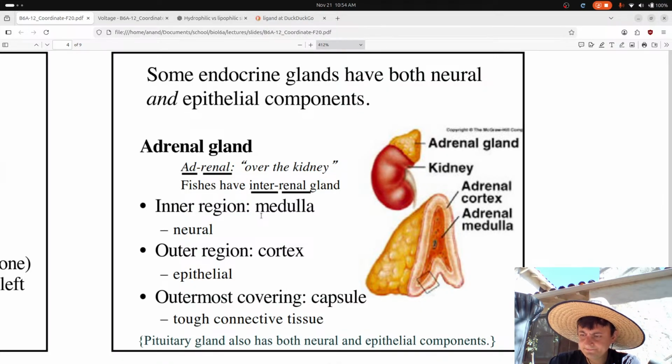Okay, some endoglands are neural and epithelial. Adrenal gland. So the adrenal medulla is neural. The cortex is epithelial.